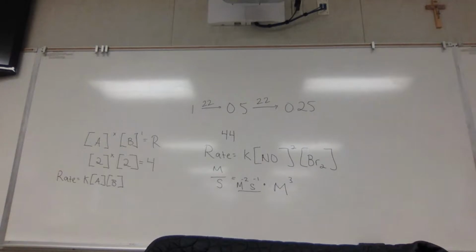For B, notice your initial rate of appearance of NOBr. If you look at your reaction, there's a 2 in front of NOBr. Do you agree with that? To determine the rate that you should use in your rate law in order to calculate your K, you need to take that rate and divide it by 2.